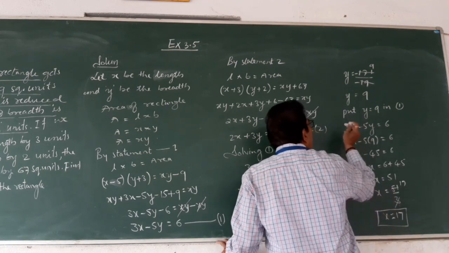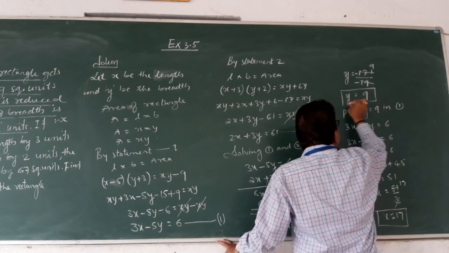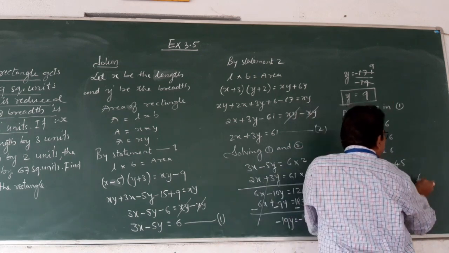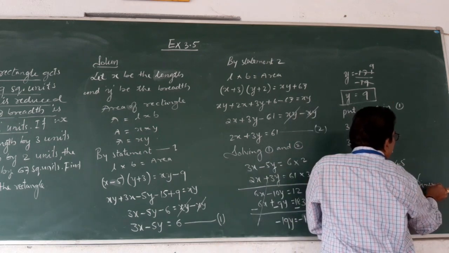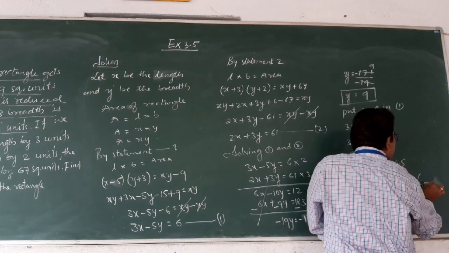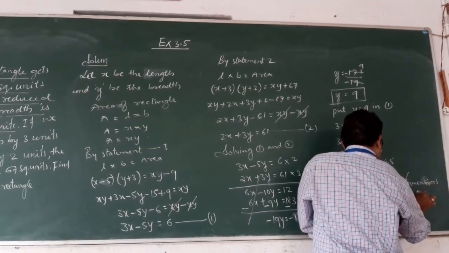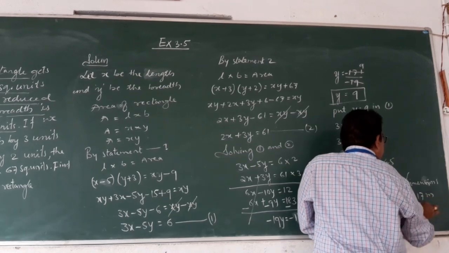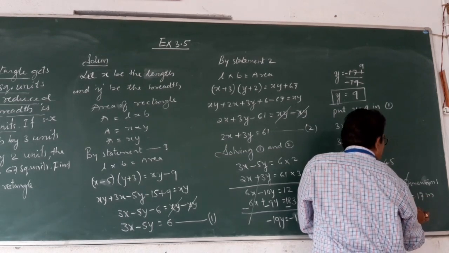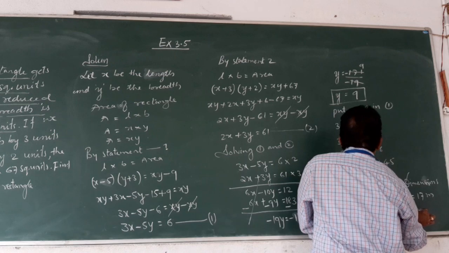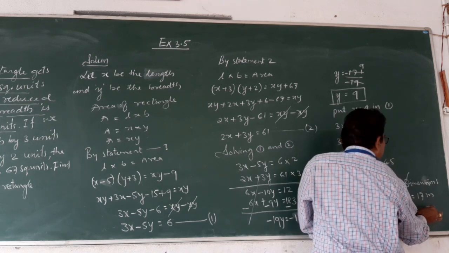So the dimensions, that is length and breadth: length 17 meters and breadth 9 meters.